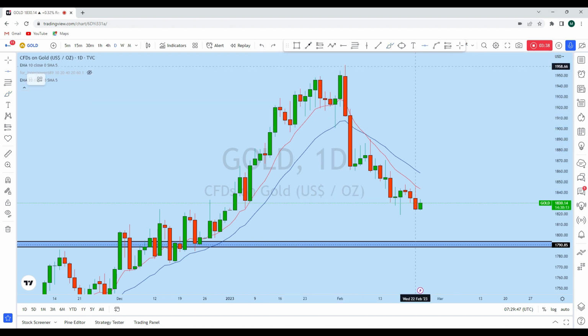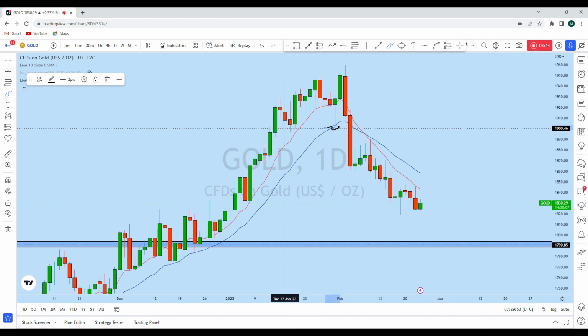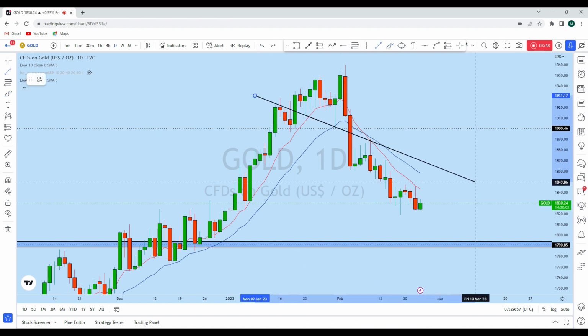Now with that breakdown, we have seen that gold has tested this previous support zone here, which is turning resistance. If you draw this level here, we see that this support turning resistance is quite significant.